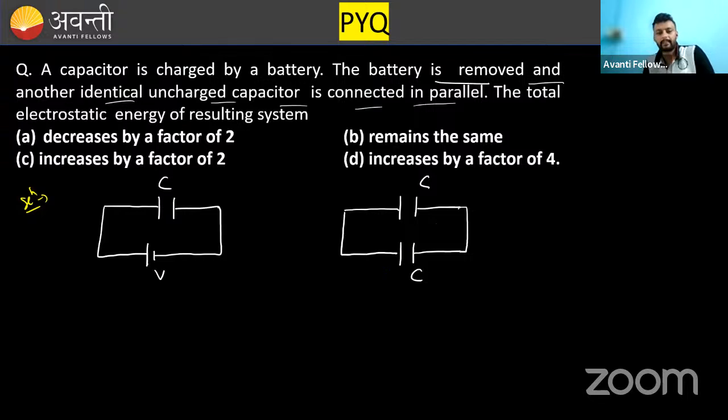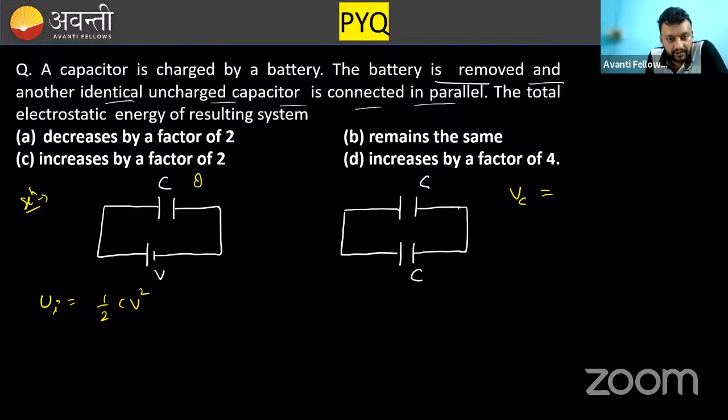I think this was the question. Now listen. Initially potential is V, capacitance is C, so the initial energy is half CV square. Is it clear? Now, when an uncharged capacitor is connected, there will be a concept of common potential. So what is the common potential V? Total charge over total capacitance.